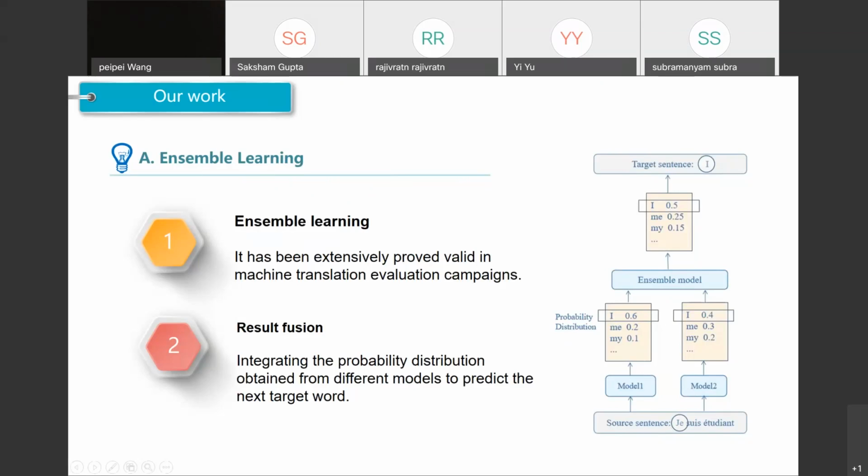So the most probable prediction for the current word is I. Then we put the predicted word I into the two submodels to obtain the probability distribution of the next word. By fusing the model results, we get the word with the greatest probability for the next word. Repeat the above steps until the end of the source sentence.